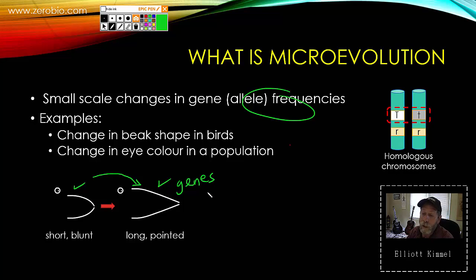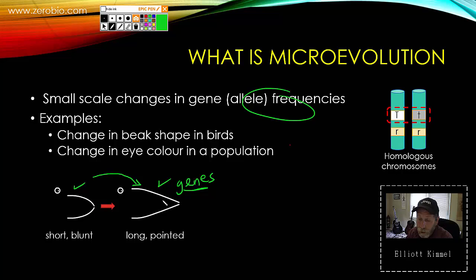Genes are the stretches of DNA that cause a trait. And so in order to have this trait, you have to have particular genes for it. So in other words, the blunt beak genes changed over time, and now the population has long pointed beak genes. So we'll have to talk about how that could happen, all right?